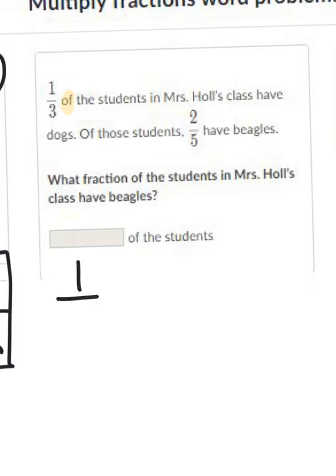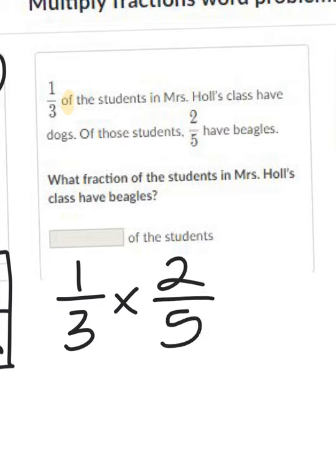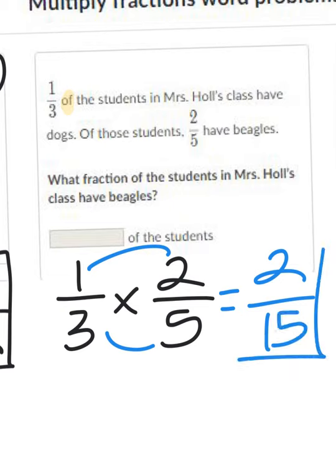So we're doing 1/3 times 2/5. So nothing cross cancels. 2 can't go into 3 evenly. 1 goes into 5, obviously 5 times. So now you're just going to multiply across. So 1 times 2 is 2, and 3 times 5 is 15. Nothing simplifies, so you're done.